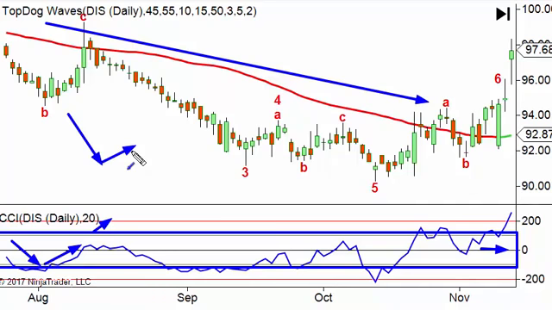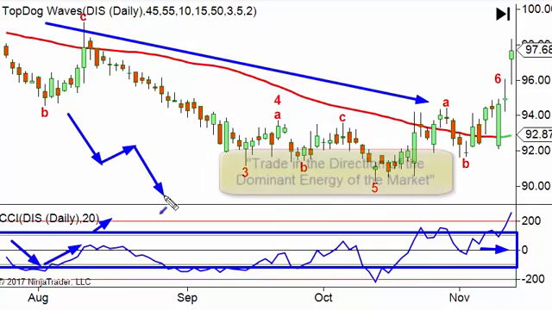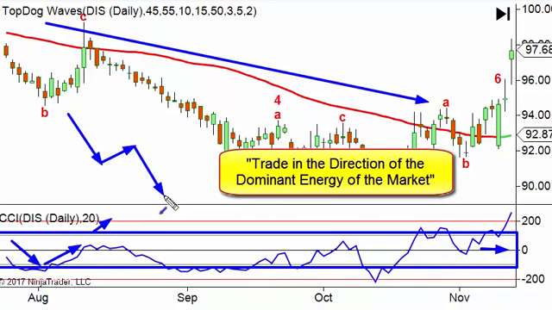What we don't want is to look over at our time and sales and see huge block trades buying. In other words, big professional traders buying. So down on strength, up on weakness, back down on strength. That's what I basically mean by trading in the direction of the dominant energy of the market. Because the retrace was weak, the dominant energy remains down.